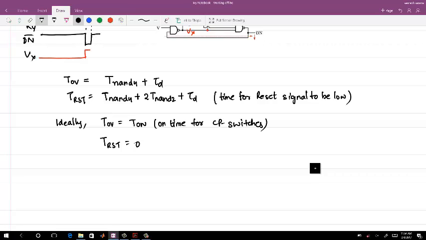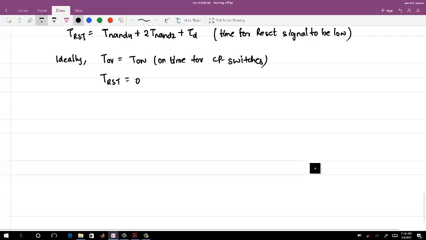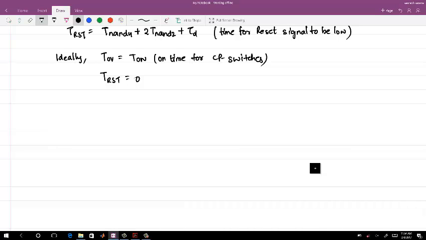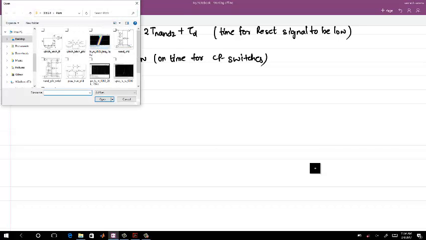Right? But in this particular case, if I increase T NAND 4, I increase both proportionally. There is no change. Okay, so within the same circuit, actually there is another version of this circuit. So now, if we are changing any of this T NAND 4 and tau d, we are actually changing T reset and T overlap.